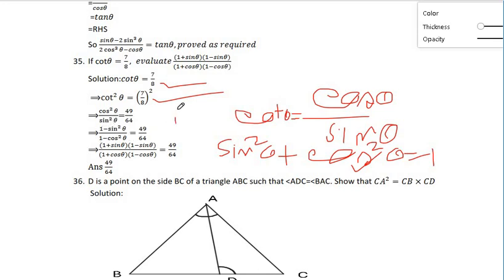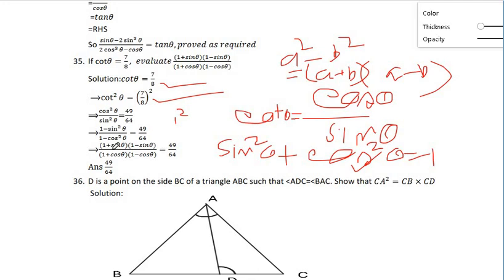Now 1 means we can write 1 square, so it will be 1 square minus sin square theta, which is a square minus b square. The formula: a square minus b square is a plus b into a minus b.